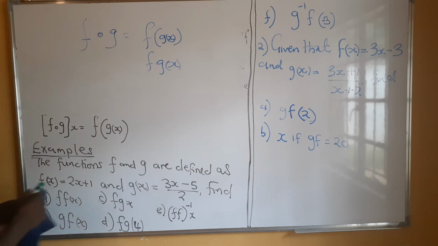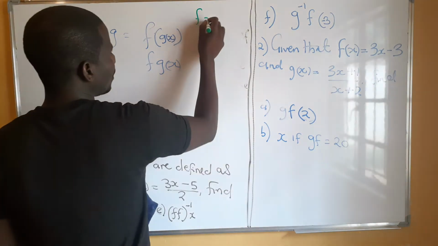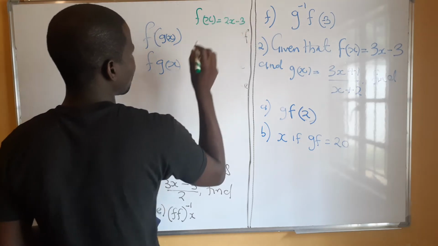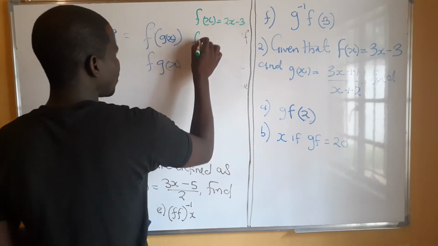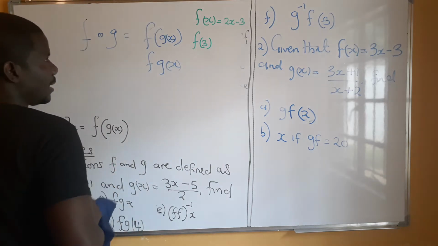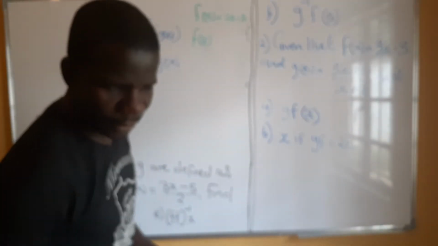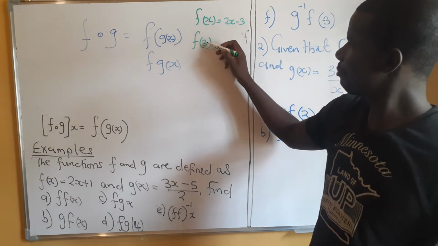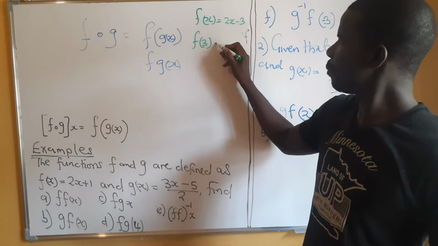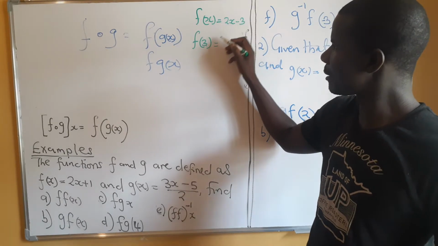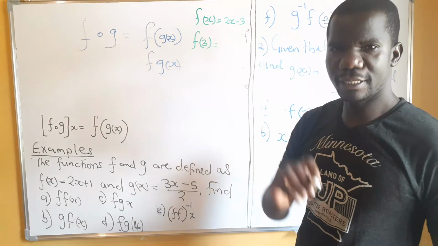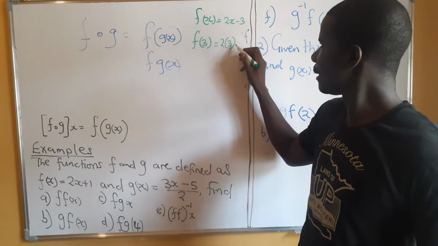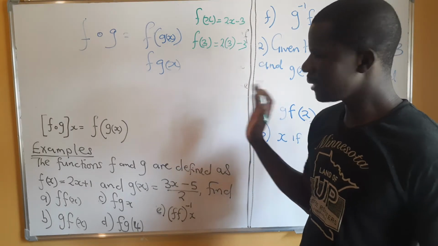If we have f(x) = 2x - 3, when we say f(3), what we are saying is that the position of x has been taken by 3. So where there was x, we put 3. Here we're going to say 2 times 3 minus 3. Are you getting that point?